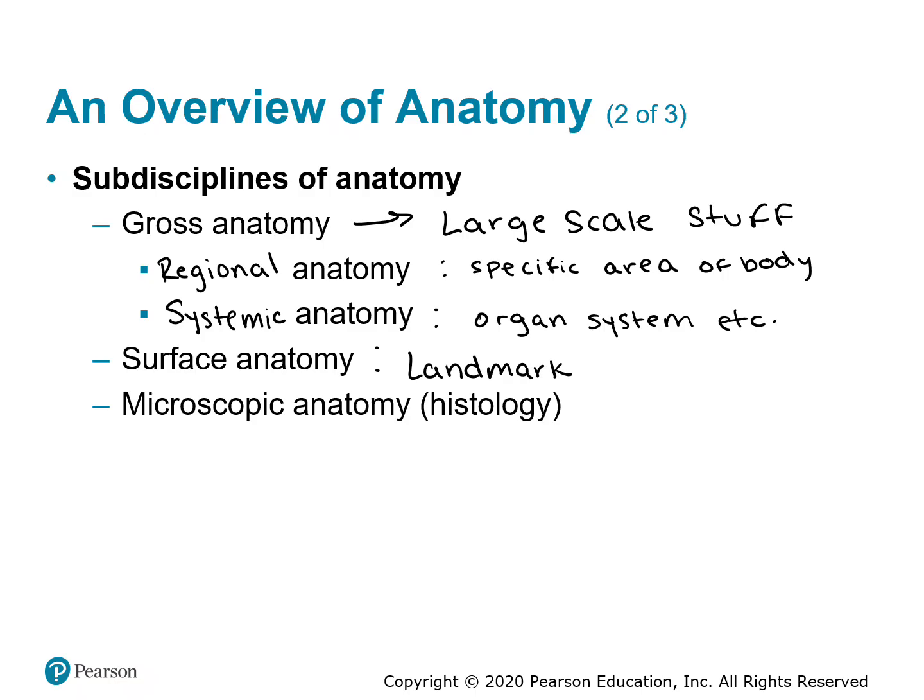Then microscopic anatomy is histology. Those are the actual cells that make up the tissues that are doing the things we want them to do. Your first practical is on histology. We're going to go into histology heavily in the next 2 weeks. So histo is coming down the pike.